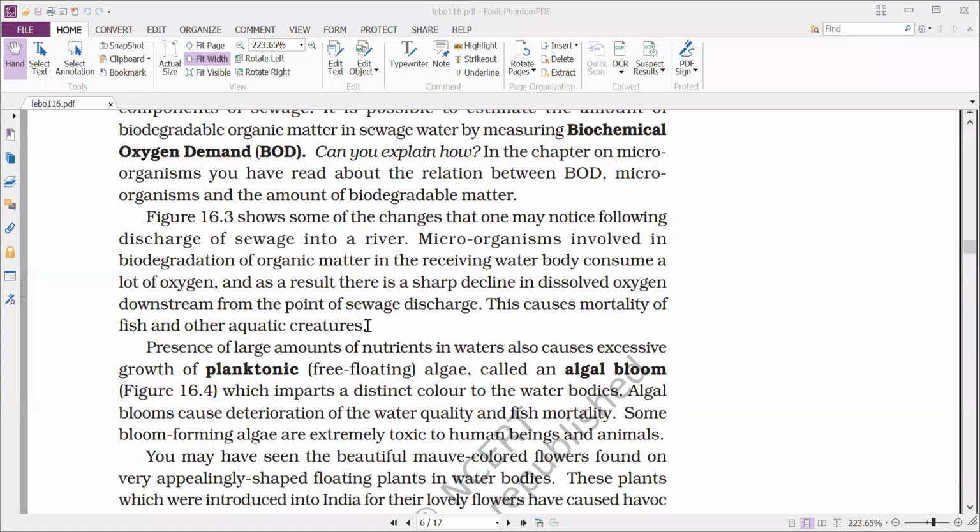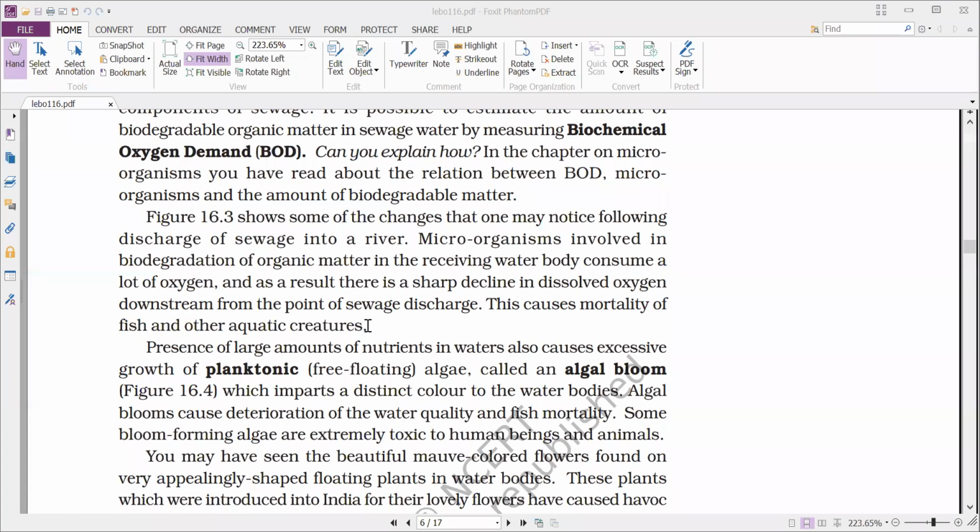So what happens if the dissolved oxygen is decreasing? When we add sewage water, more microorganisms become active, and they make use of a lot of oxygen to decompose or degrade the organic matter that is added by the sewage water. As a result, dissolved oxygen levels are decreasing. When the dissolved oxygen levels are decreasing, the demand for oxygen of the water is increasing.